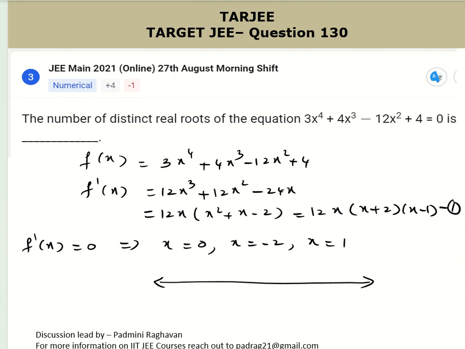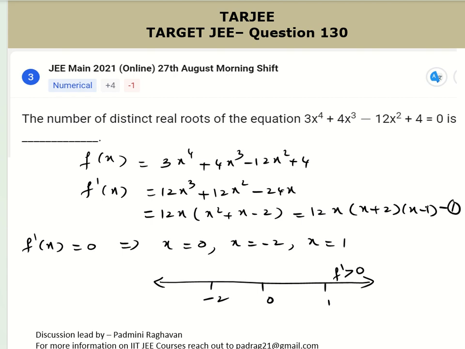So let us understand whether the curve is increasing to decreasing or decreasing to increasing. Let us plot −2, 0 and 1. Let us choose some value in the interval to the right of 1 and substitute. Suppose you substituted 2 in place of x. This is positive, this is positive, this is positive. So in this zone, f' is positive. Between 0 and 1, you can substitute half. This is positive, this is positive, this is negative.